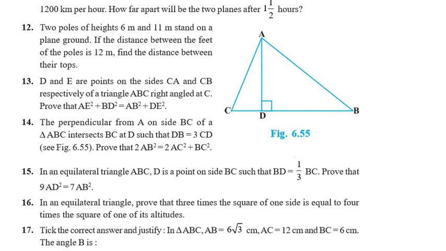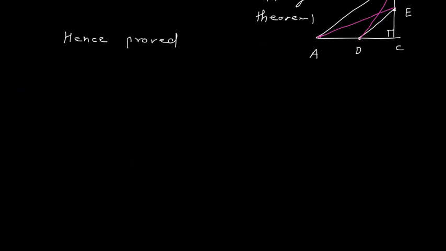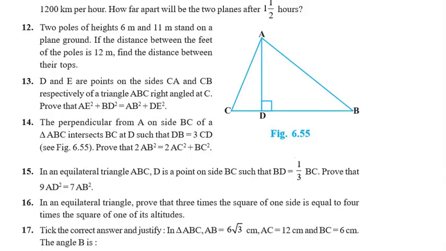ABC triangle is given and AD is perpendicular. So I will draw a triangle ABC. So here the triangle is something like this. No, reverse, in reverse way.